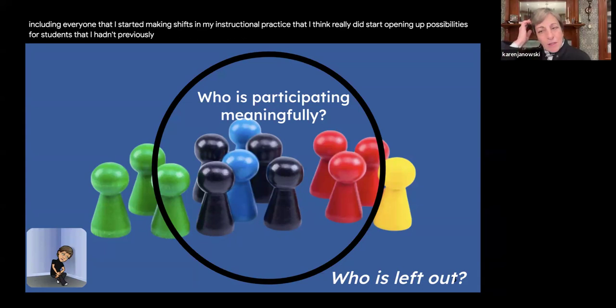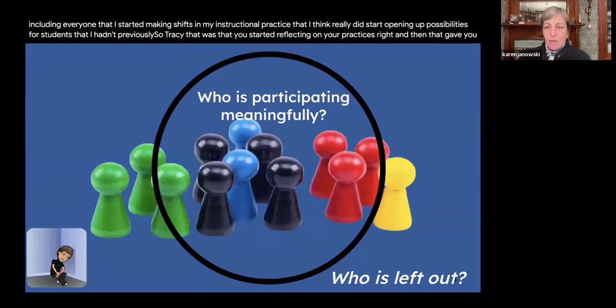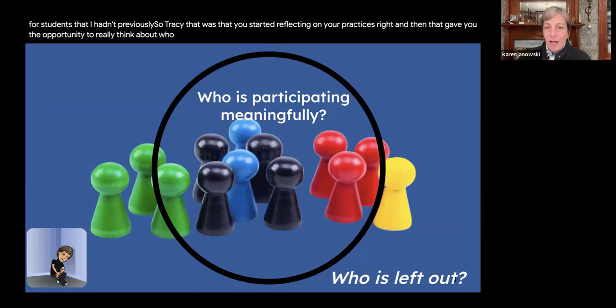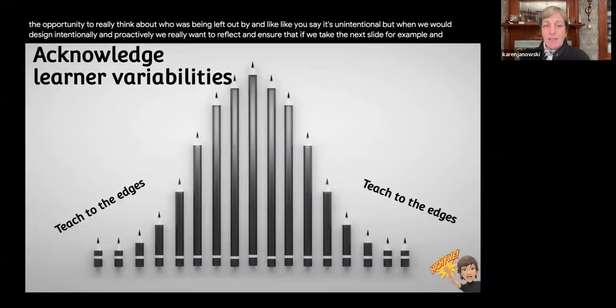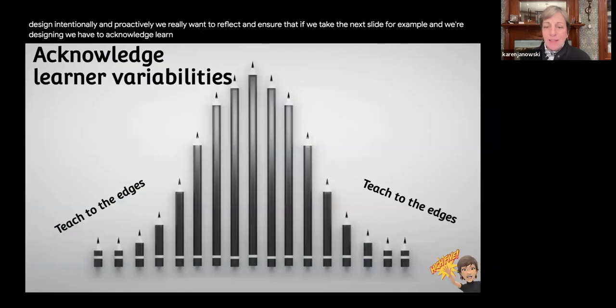So Tracy, you started reflecting on your practices, right? And then that gave you the opportunity to really think about who was being left out. And like you say, it's unintentional, but when we design intentionally and proactively, we really want to reflect and ensure that if we take the next slide, for example, and we're designing, we have to acknowledge learner variabilities.